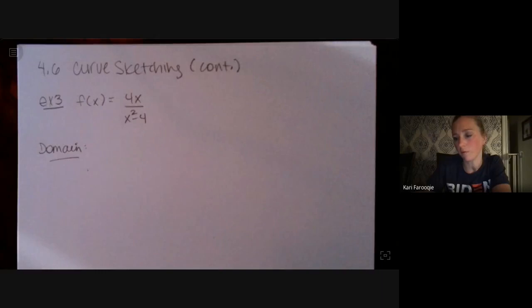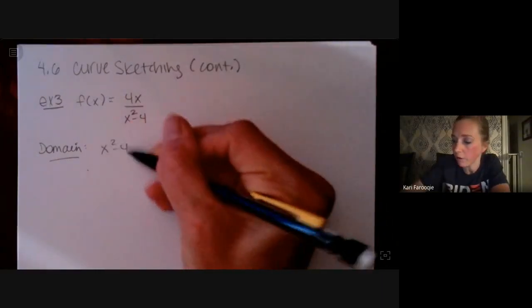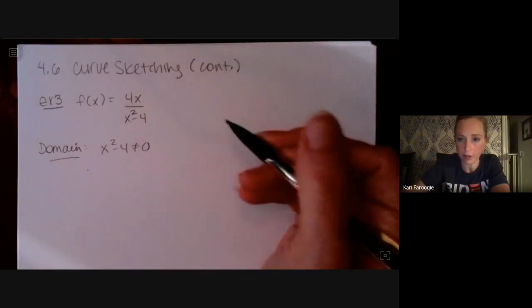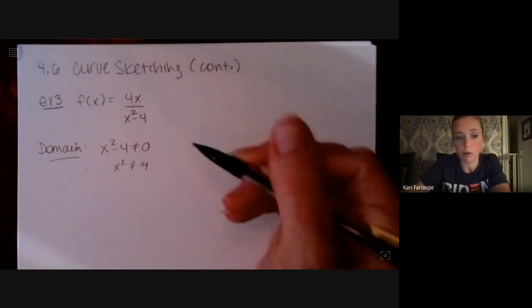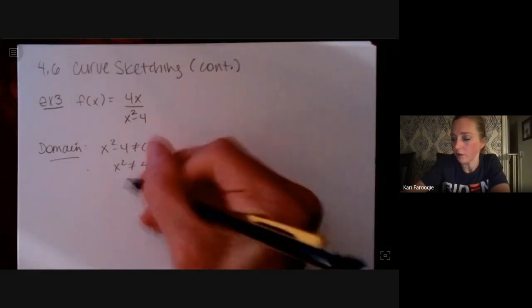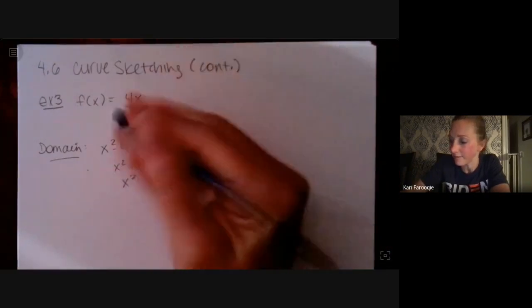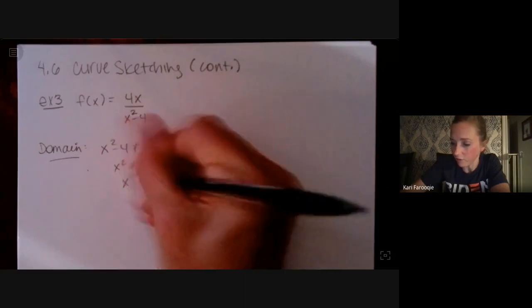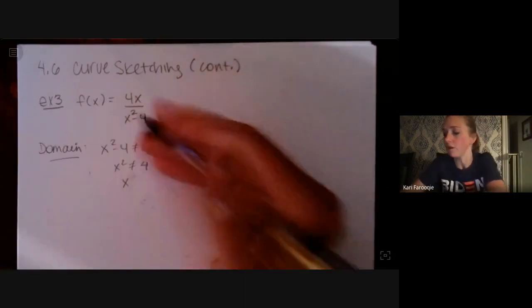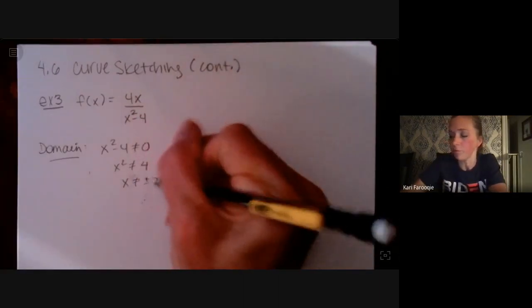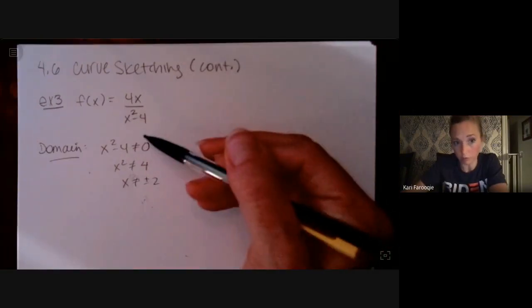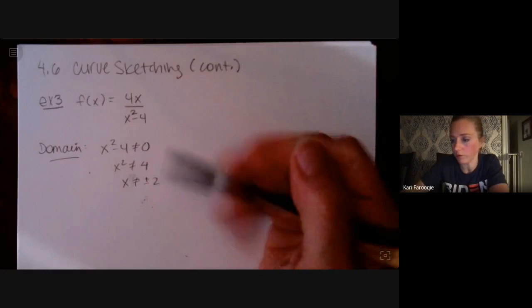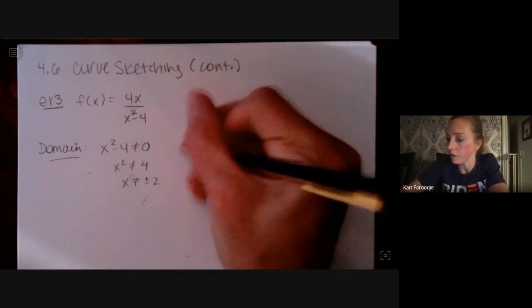Most of you are going to be able to eyeball this and not have to actually solve the equation. But x squared cannot be equal to 4, and then x itself, if you take the square root on both sides, cannot be equal to plus or minus 2. Clearly if x is 2 or negative 2, you're going to end up getting 4 minus 4 in the denominator, which is no good.